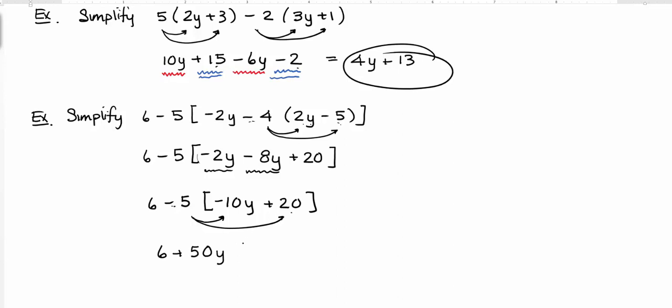Negative 5 times a positive 20 gives me a minus 100. And I look for like terms again. Here I have 6 and negative 100, and I have a 50y. So I'm going to write my 50y, and 6 minus 100 gives me a negative 96. I'm sorry, negative 94. And so that's my answer.